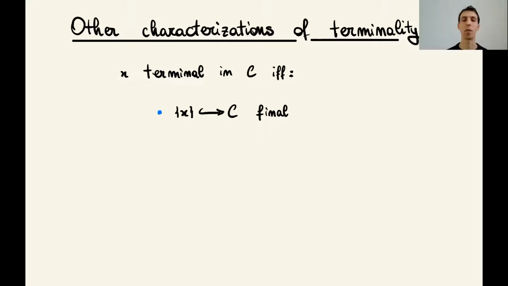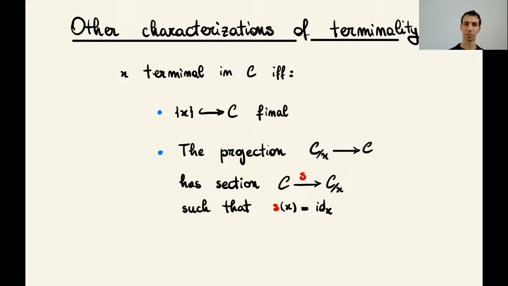Somebody calls this cofinal, but it has to do with the colimits. The second one is that the projection of the slice over X to C has a section with the particular property of mapping this terminal object X to the identity of X. These are very easily checked to be equivalent characterizations of X being terminal in C.